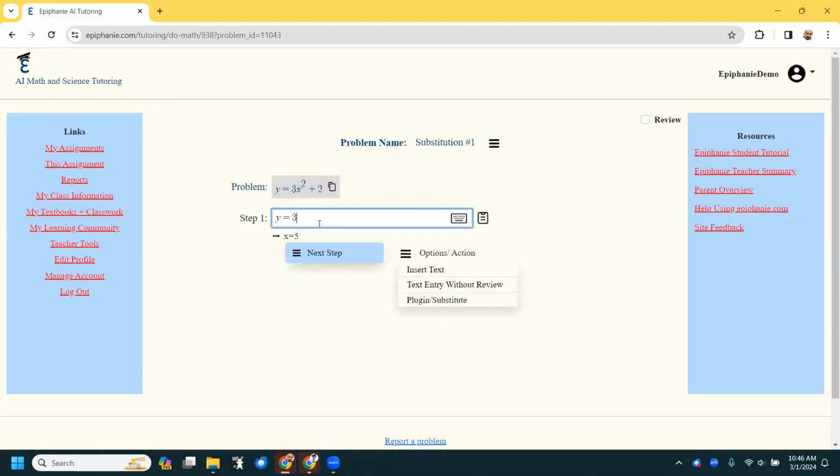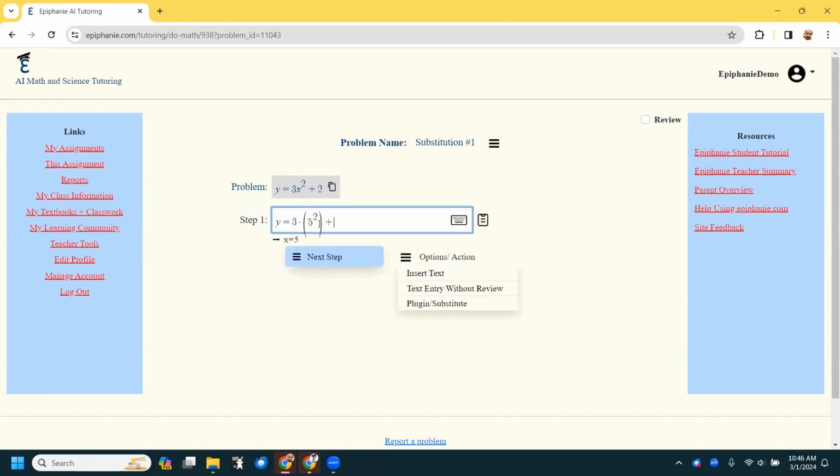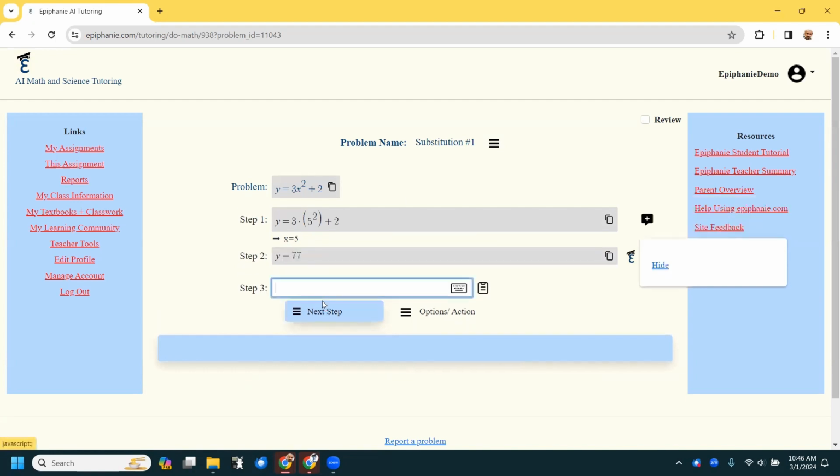And now I'm going to plug in 3 times 5 squared plus 2. And y equals 77 is the final answer. I'm skipping a step or two there, but there we go. So if you're looking to solve a problem where you're trying to plug into a function, you can do that with Epiphanie as well.